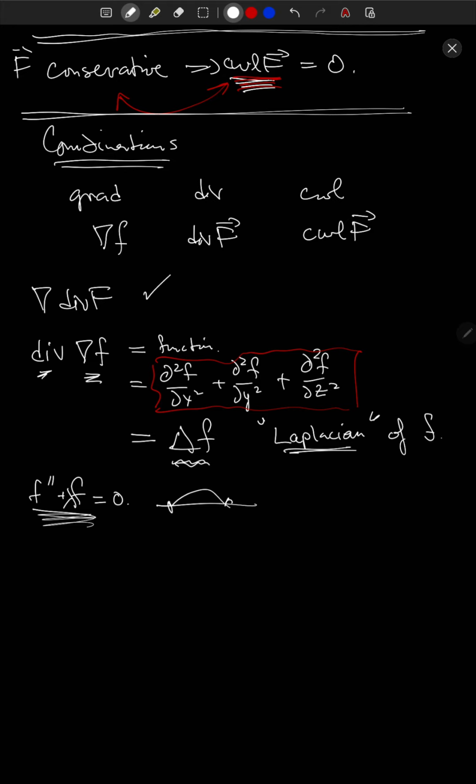If you go to two dimensions, you could still make the analogy. You'd be looking at Laplacian f plus lambda f. You'd be solving these guys. And what would this be? This would be a drum. You hit the drum, the surface vibrates, the skin vibrates up and down. How does it vibrate?